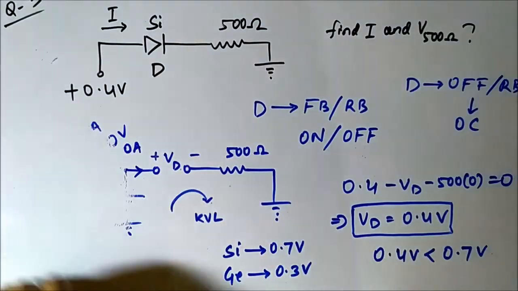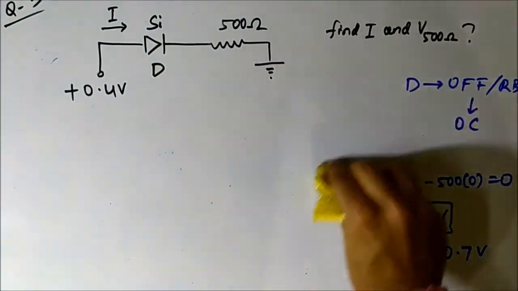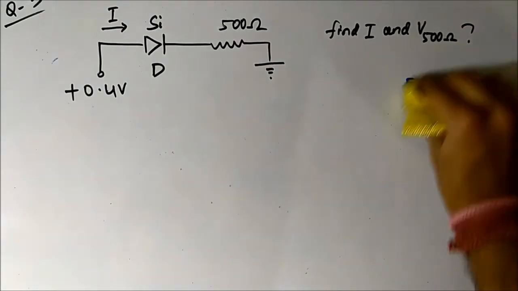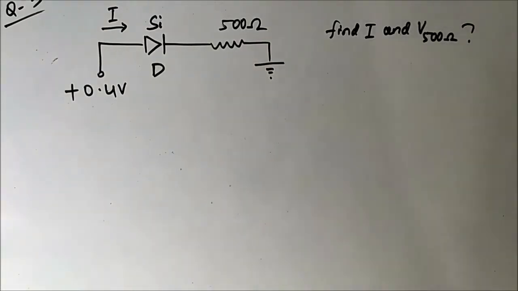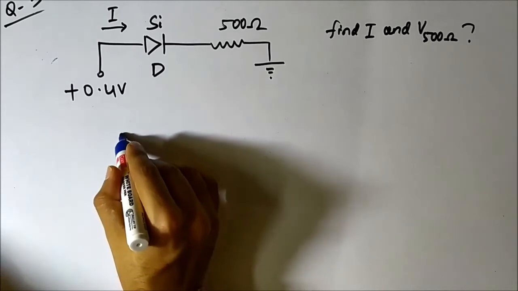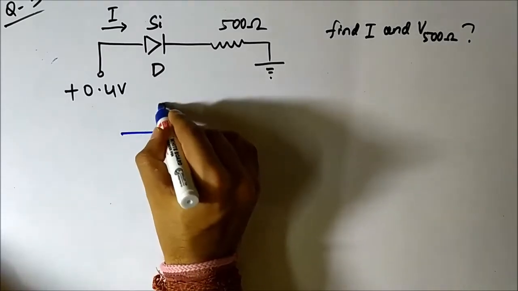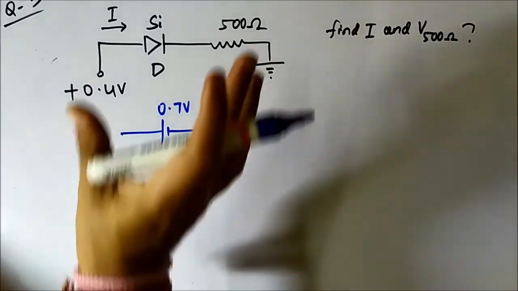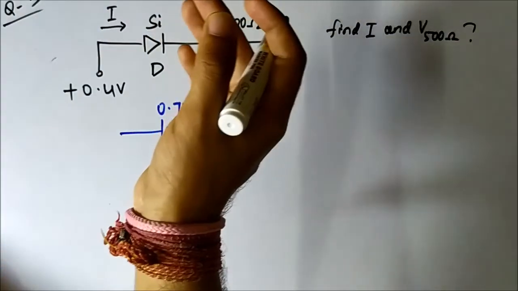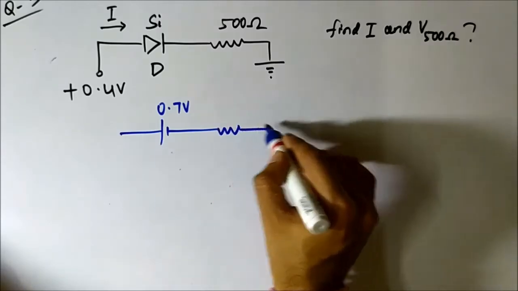Okay, let us erase all of this. In the second method we will assume that this diode is on. We'll replace it with its built-in potential, the equivalent circuit. So the equivalent circuit is 0.7 volt. There has been no mention about any forward resistance, so no diode resistance will be included.